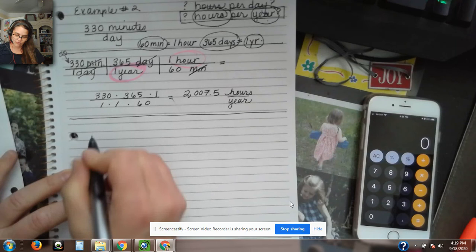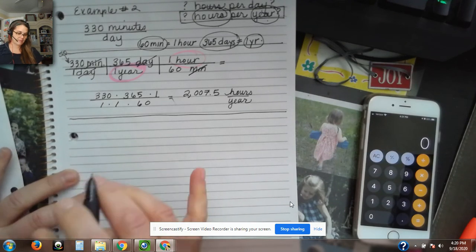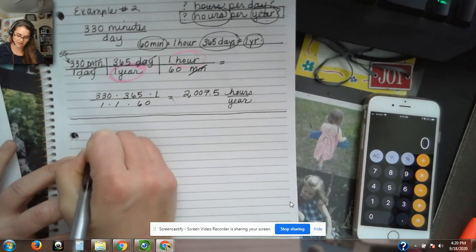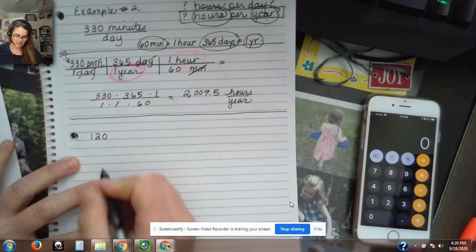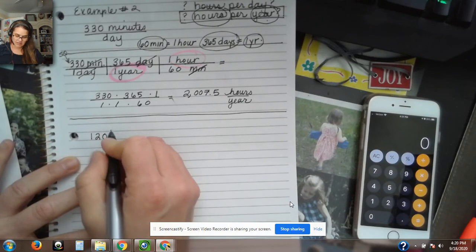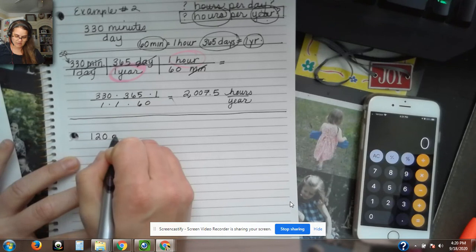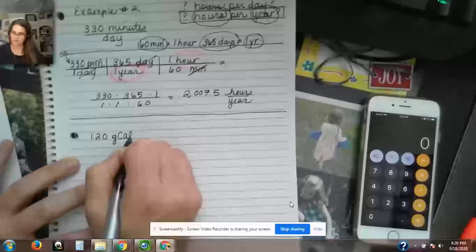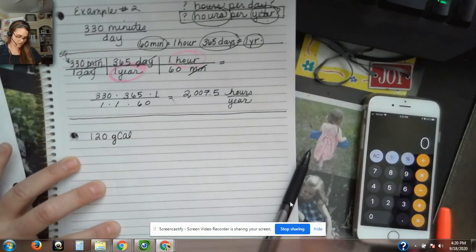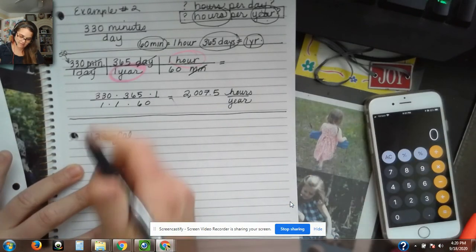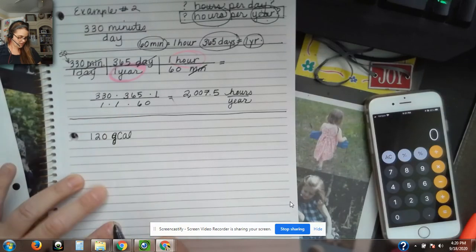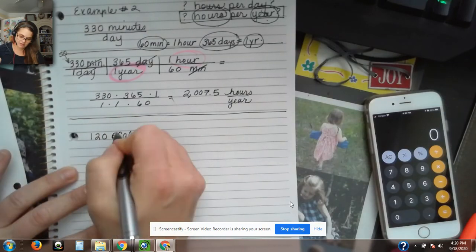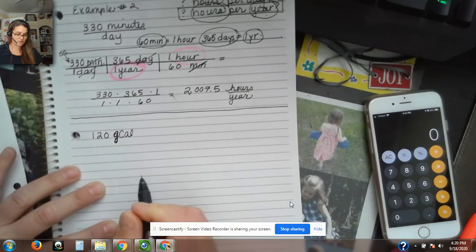So if we have from our map that we have 120, let's see, it was gram, cal. I think it was actually lower cal. I have to double check here. I think it is. Okay. And so I'm making my G bigger so it looks normal.